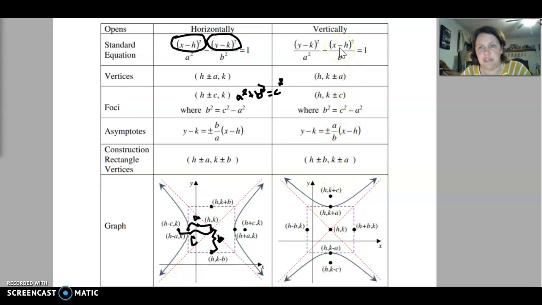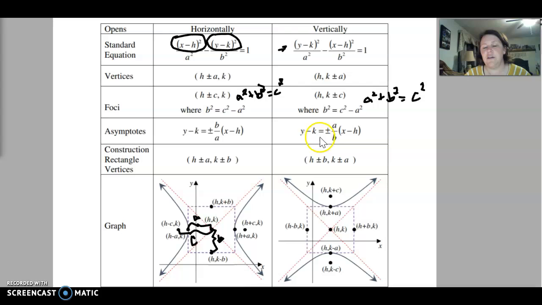Vertically, if you have a hyperbola that opens up and down, what we call a vertical hyperbola, now our y term comes first. It's our y values that change for our vertices and our foci. And again, I prefer a squared plus b squared equals c squared for your equation.